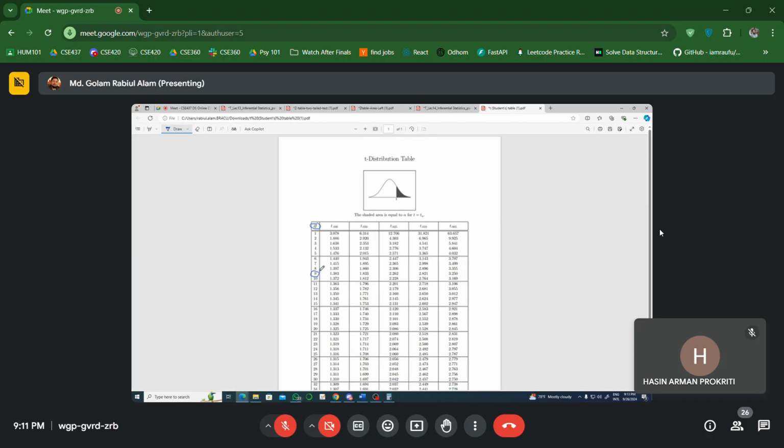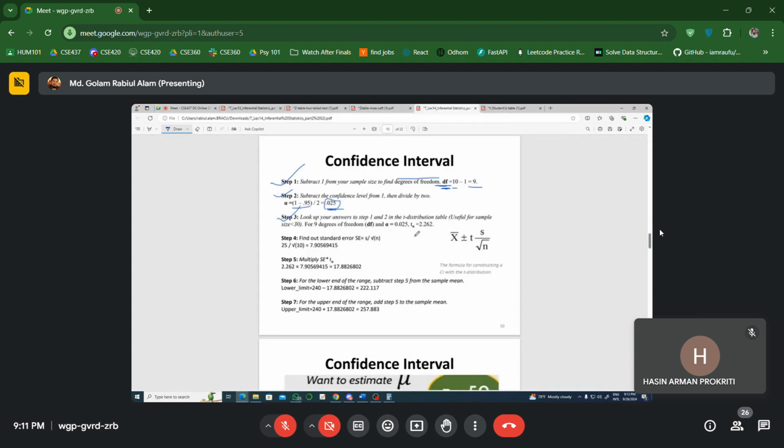So here is the 9, and our alpha value is 0.025, and the value is 2.262. So we have determined the t value from our table.